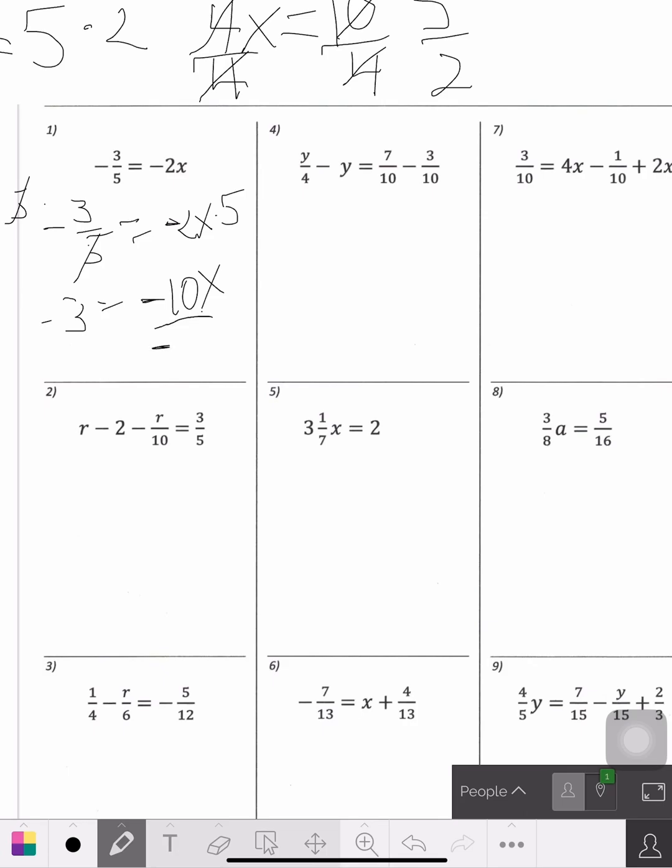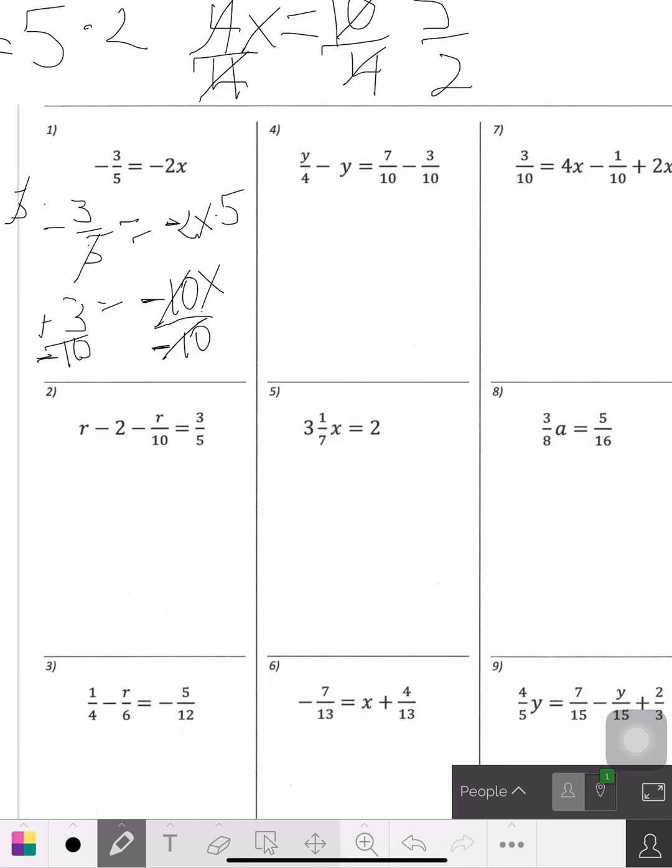Negative 10, get rid of the negatives. Divide this side by a negative 10. These two cross out. A negative divided by another negative is going to be a positive. So your answer is going to be positive 3/10.